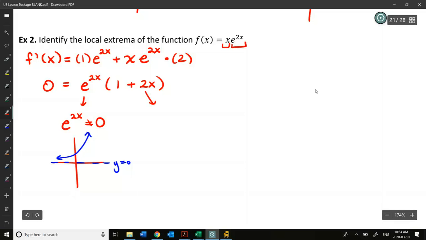But we do have a solution to this. Where is 1 plus 2x equal to 0? Negative half, yeah. And if you're not sure, go ahead and set it equal to 0 and solve for x, right? When we do that, we should get negative 1 over 2. Okay, so this is a critical number.